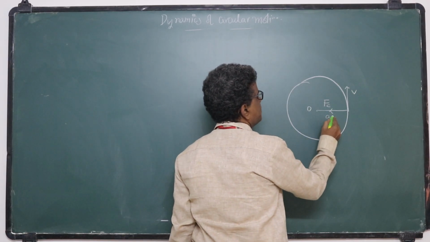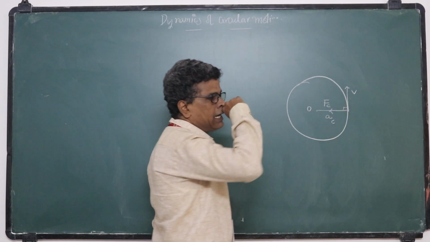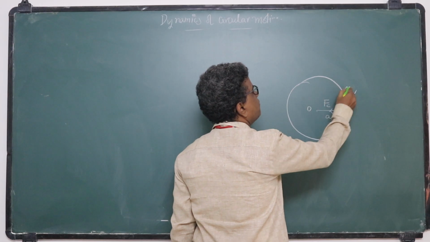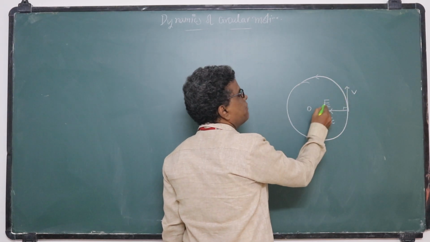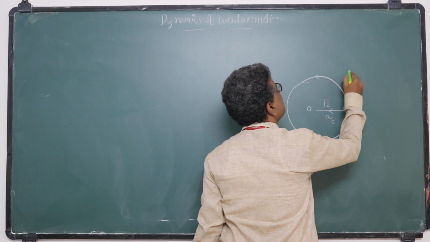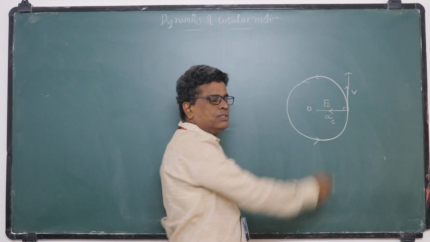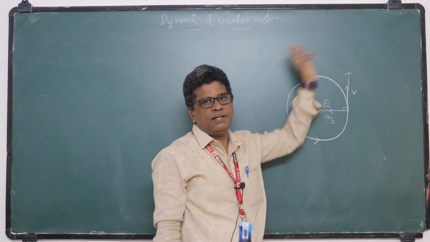Acceleration will also be in this direction, so the angle between velocity and acceleration is 90 degrees. This force is necessary for a body to revolve in a circular path. In the absence of this force, the body will fly tangentially.